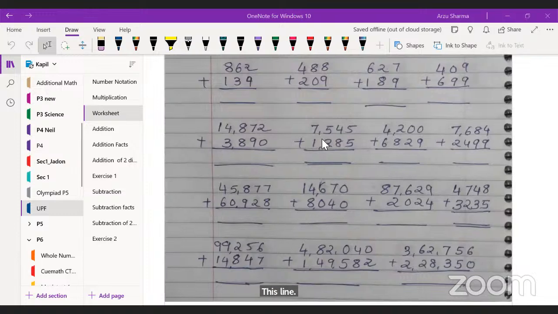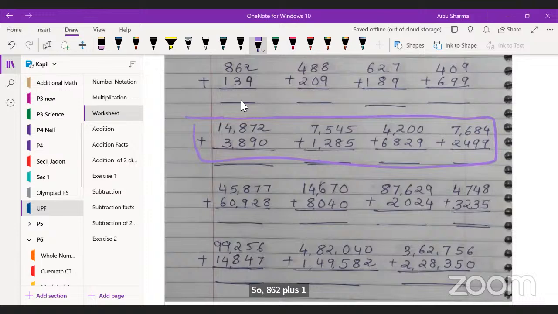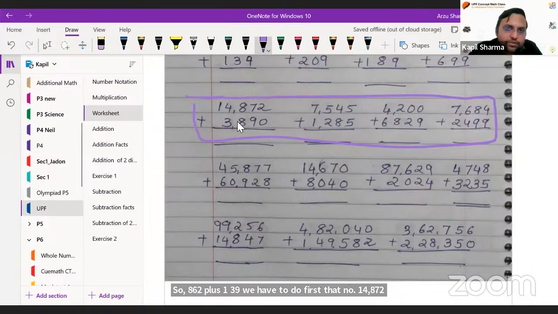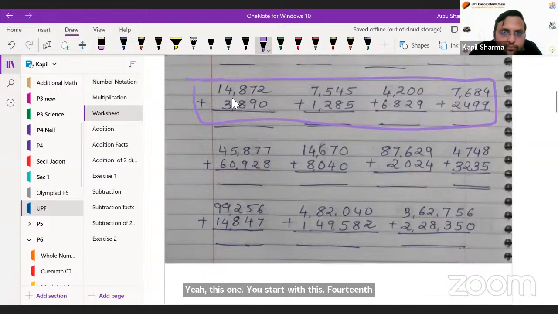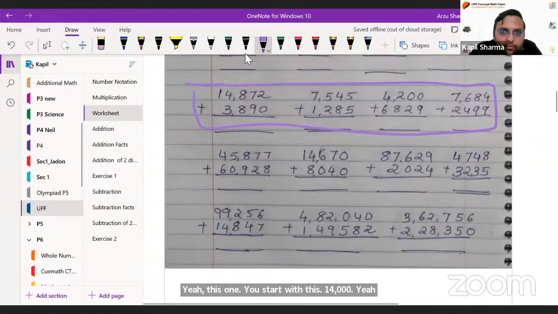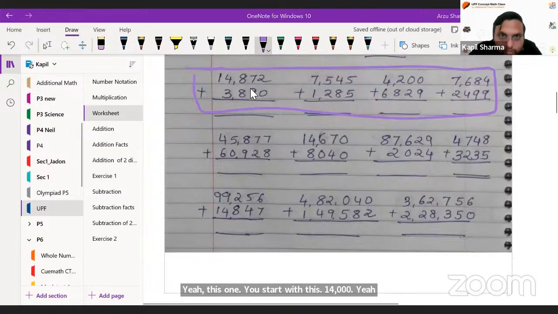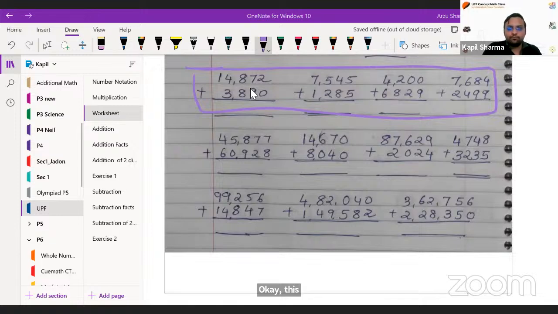Sir, 862 plus 139, we have to do first that, no? Or 14,872 plus 3,890. Yeah, this one. You start with this. 14,000. Yeah. Okay, this row.